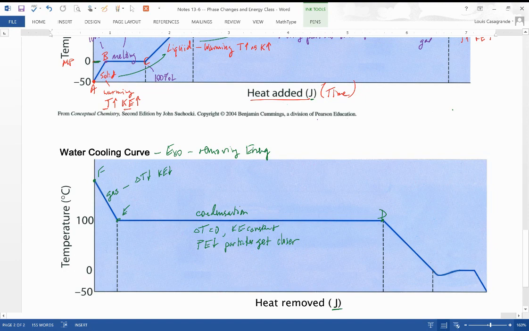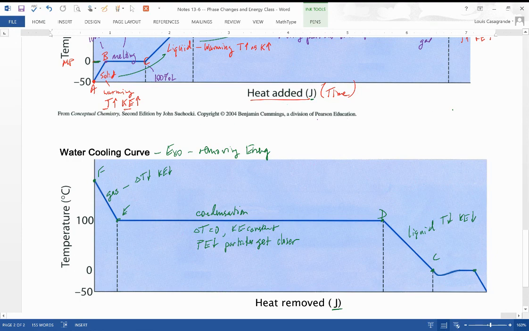From D to C, and there's this little something here I'm going to show you in a minute. From D to C, this is the liquid phase. Again, the temperature is going down as the kinetic energy goes down. Now, from C to B, there's this strange thing that happens.